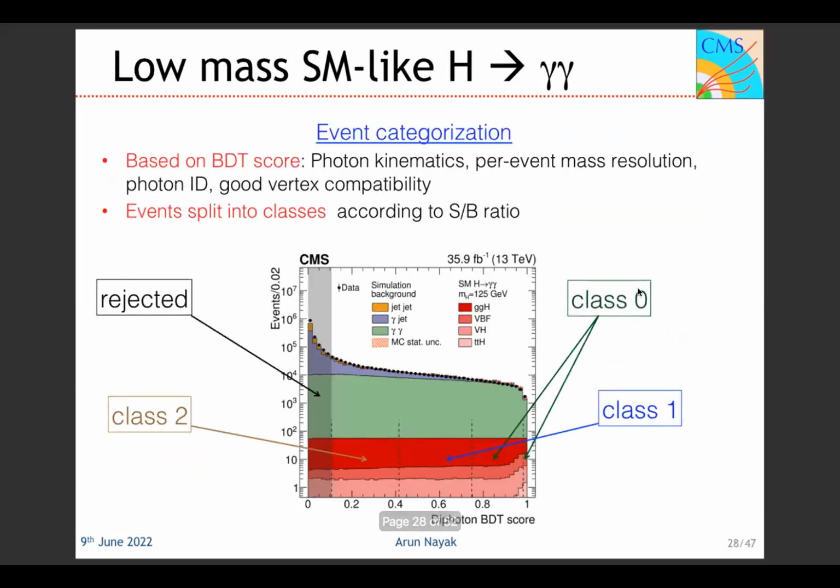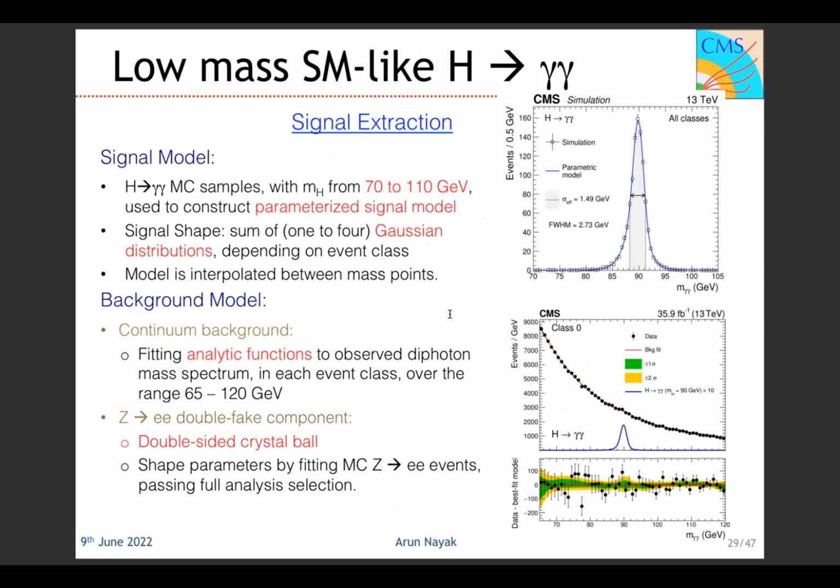Again, as I said, the BDT was used not only for photon identification, but also for event categorization. You can see the event-based diphoton BDT here, and the events are divided into various classes based on the BDT score. So you have three classes of events based on the signal over background ratio, and the three classes are put together to extract the signal.